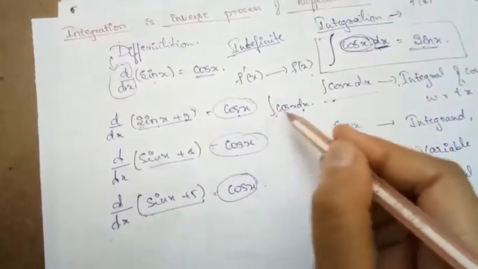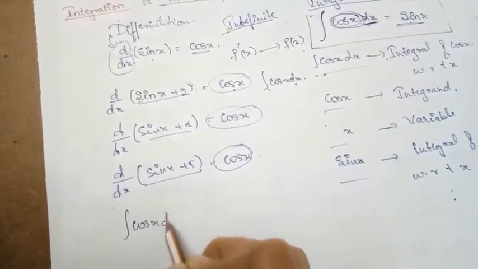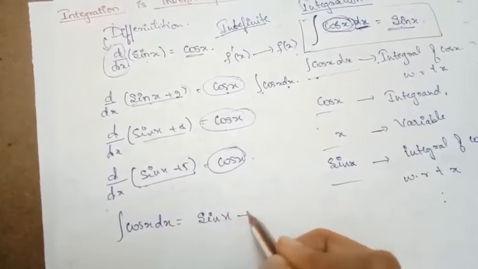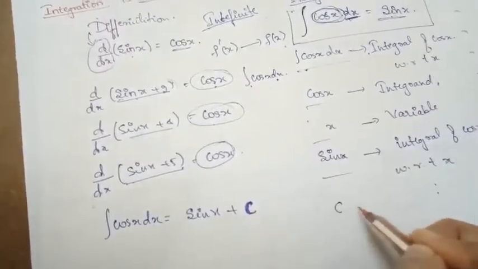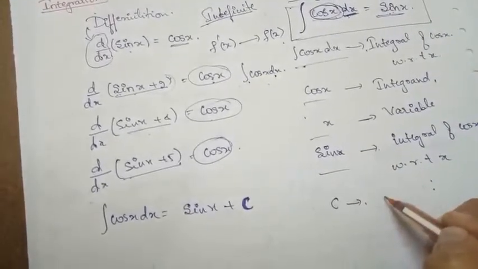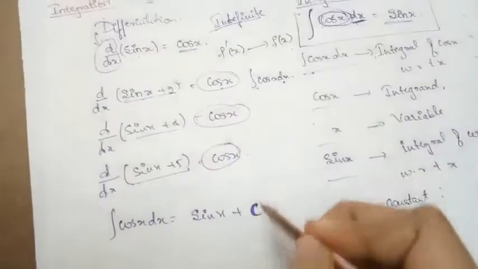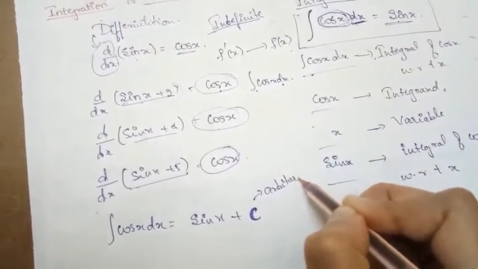So in that case we write the integration of cos x dx as equal to sin x plus c. Where this c is called a constant, or it might be any arbitrary value.